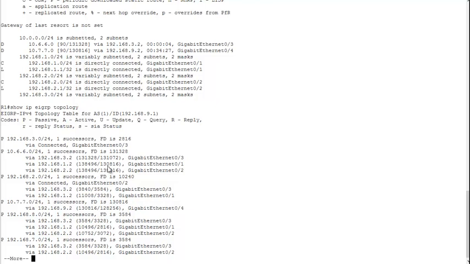And these guys are in the topology table because they are feasible successors, because their reported distance of 131,072 is less than the feasible distance of 131,328. So these guys are feasible successors. If this guy goes down, these guys will come up automatically, because that's the goal of EIGRP, to recover quickly.